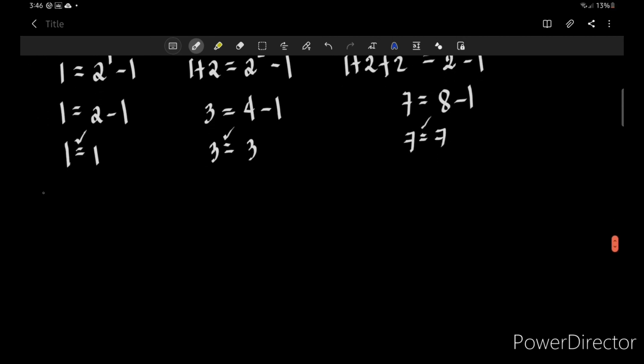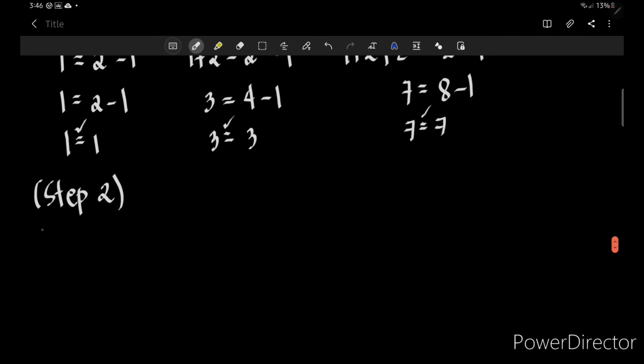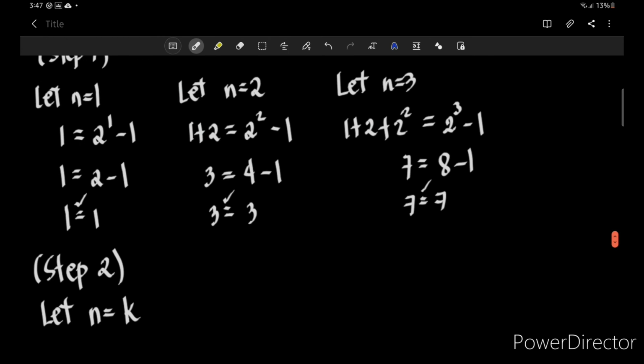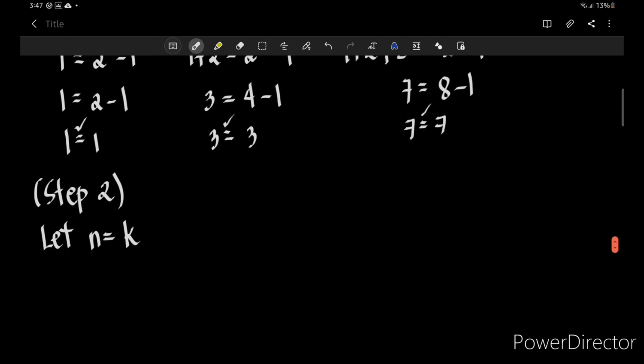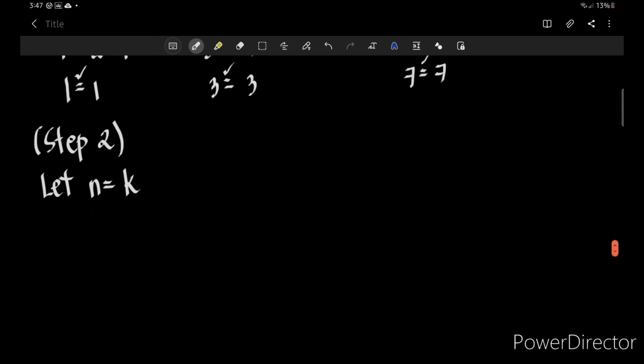Para naman sa ating step 2, ipapakita natin na yan ay totoo sa k, where k is any natural number. Since di natin kaya manumanuhin yan, i-assume natin na equal siya sa k.